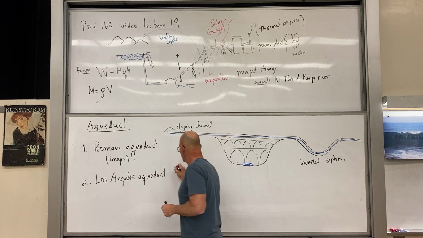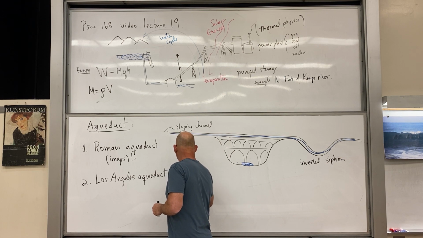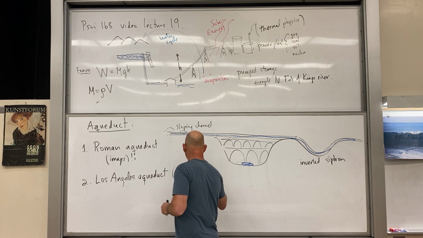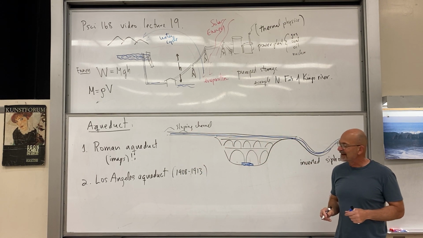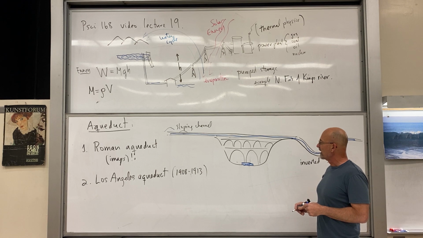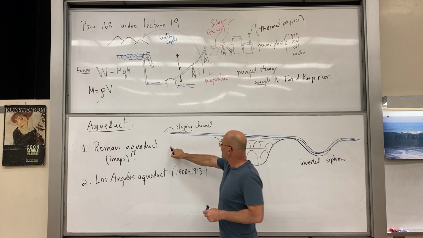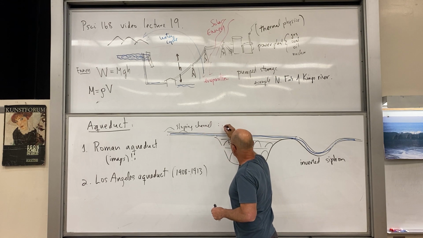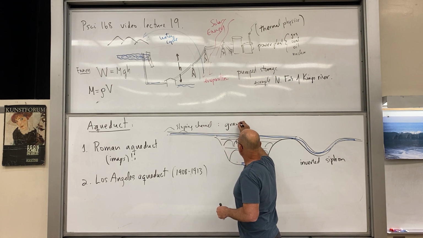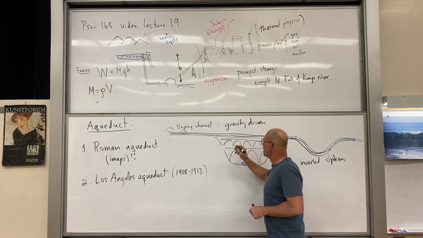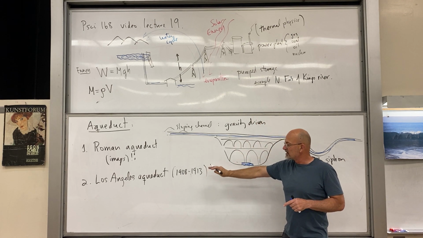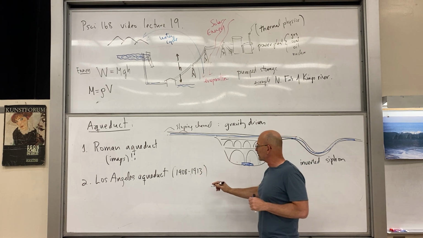Look this up. Very famous in California history, actually. I will draw a map. Before I say it, sloping channel, we say it's gravity driven. Gravity driven. And it turns out the Los Angeles Aqueduct is also gravity driven.